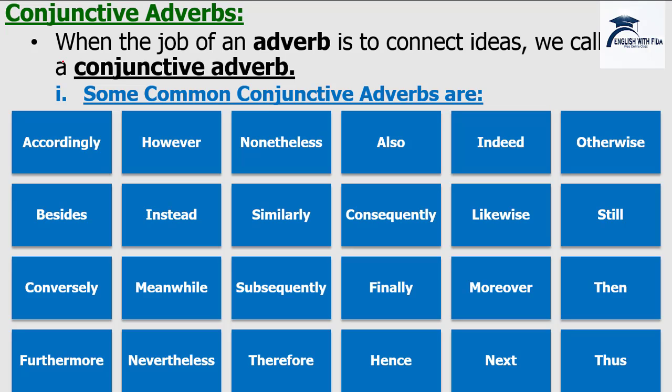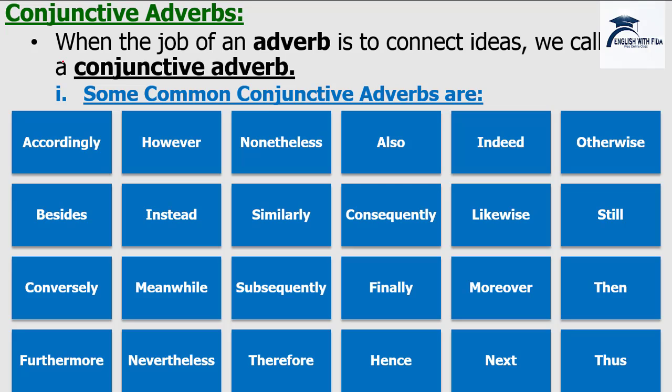Here another type of conjunction is conjunctive adverbs. Conjunctive adverbs are adverbs, as you know, they modify the verb but they also join two clauses. So they have a dual function: modifying a verb and joining two clauses. They have three different positions in a sentence. We will discuss the examples later.